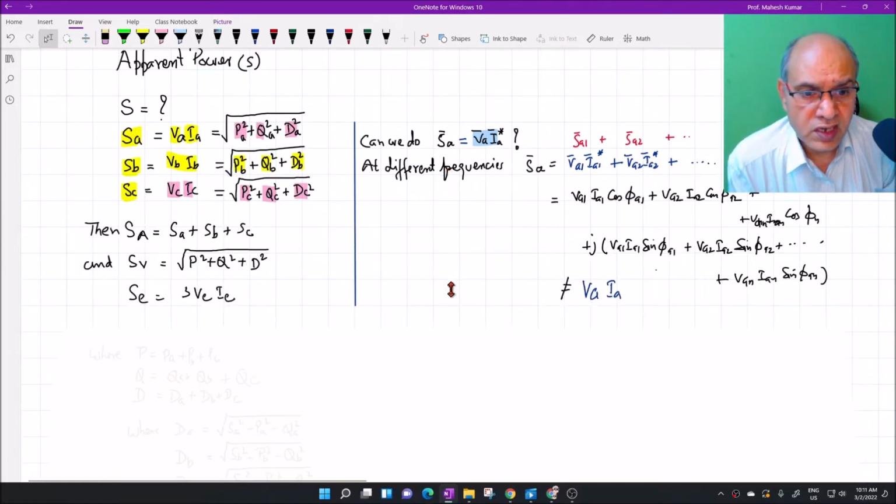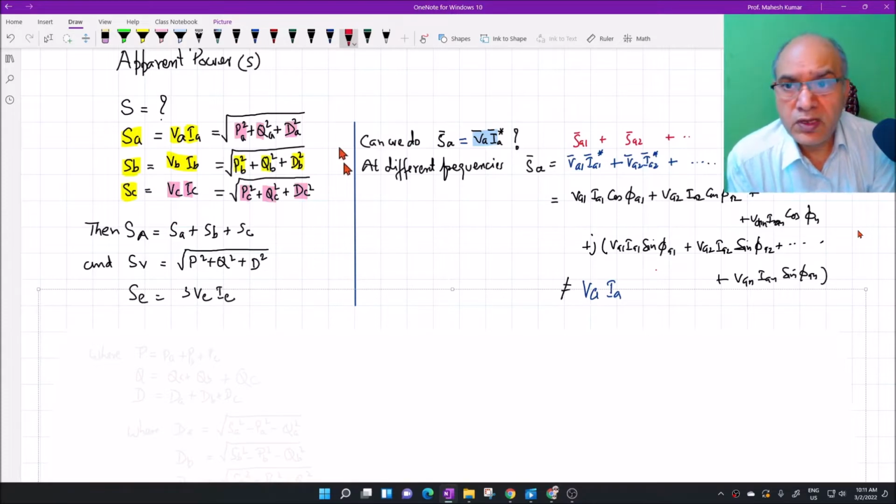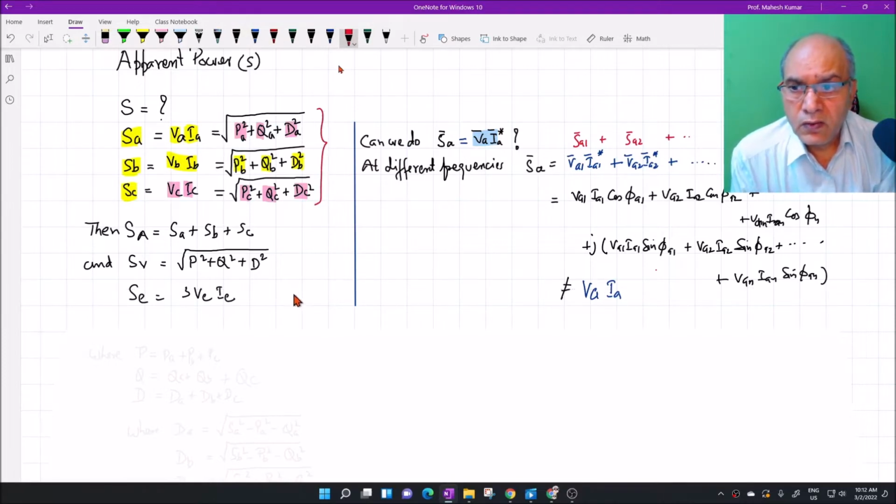So this analogy will not be true. You cannot say that this is equal to VRMS into IRMS. Therefore, we use this method to solve it for different values of apparent powers for phase A, for phase B, and for phase C.